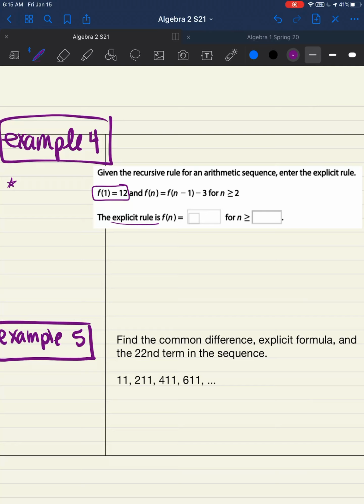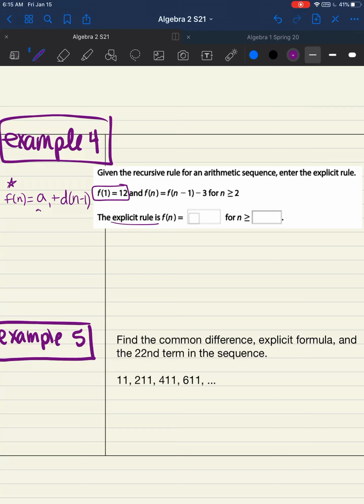And what you want to write is you're going to do f of n equals the first term you're given, so term 1, not term 0, plus your common difference times one step less, one step number back.